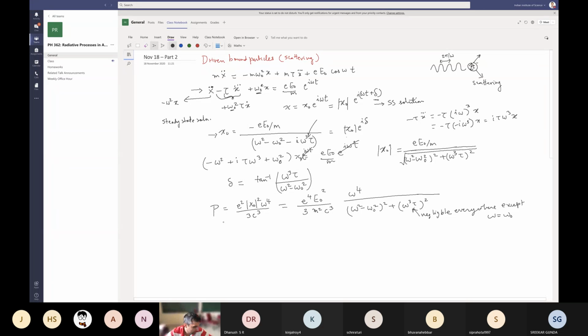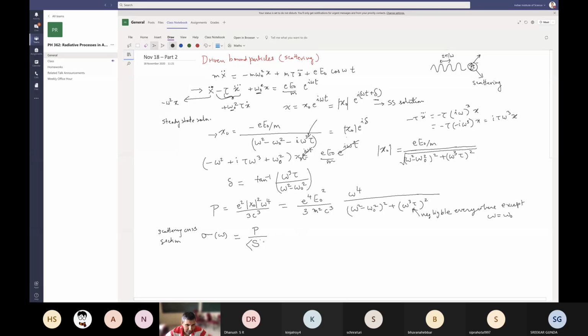So this is my power, and we know that sigma, the scattering cross section, is nothing but power divided by the Poynting flux.